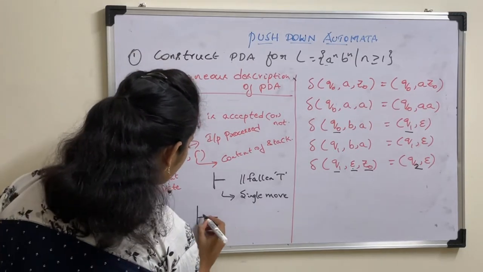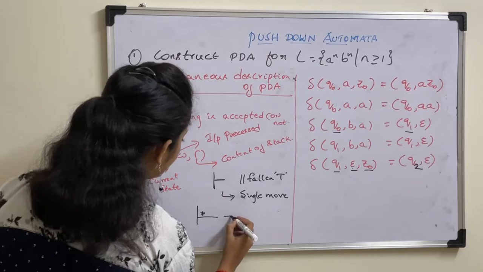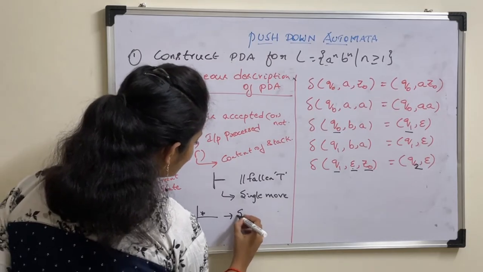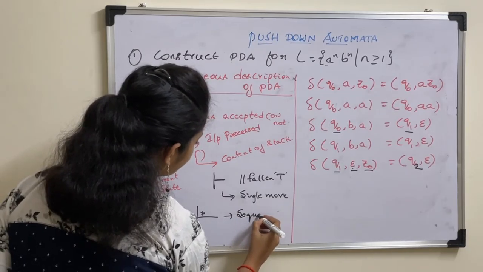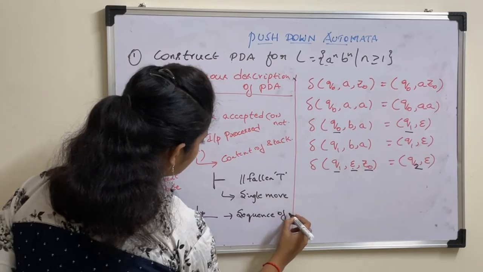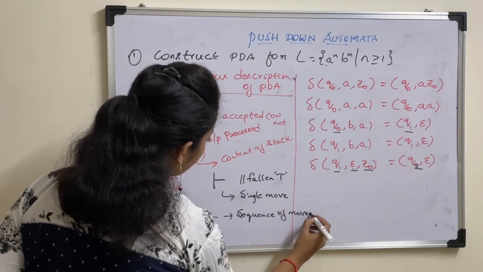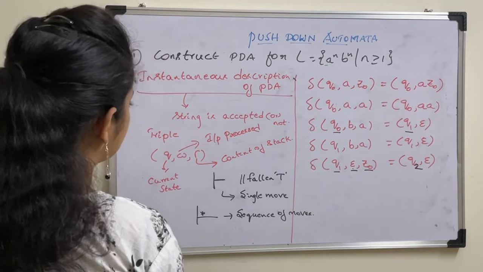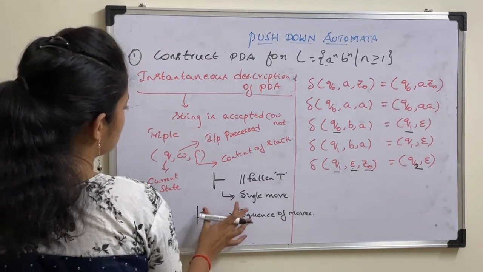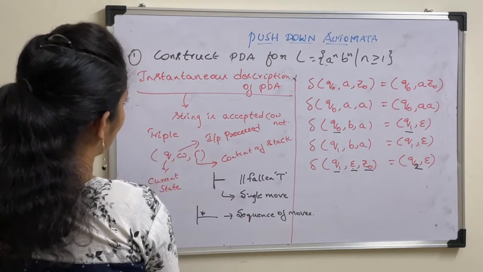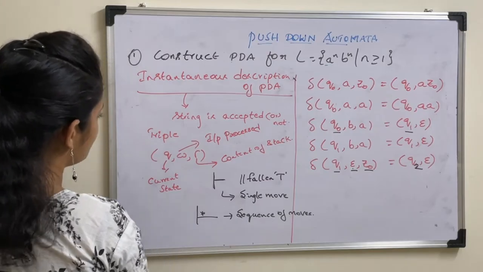Whereas if you put a star like this, then it represents a sequence of moves or multiple moves. Fine. So this is the introduction part about the instantaneous description.